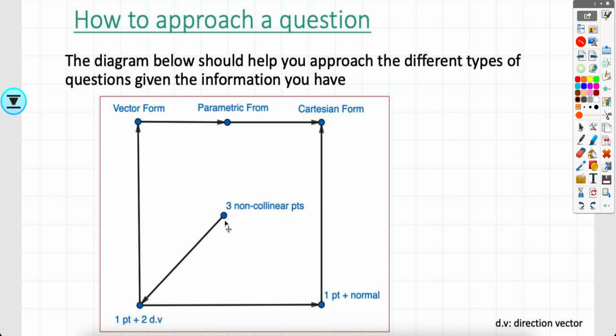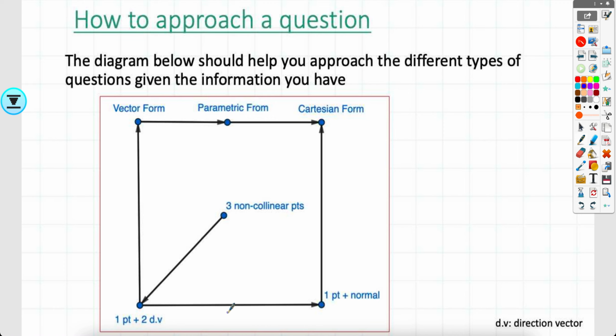Now, if you're given 3 non-collinear points and you need it in 1 point and normal, you first need to find 1 point and 2 direction vectors, and then you do 1 point and normal. And from 1 point 2 direction vectors to 1 point and normal, you need to take the 2 direction vectors and take their cross product, and that will give you the normal.